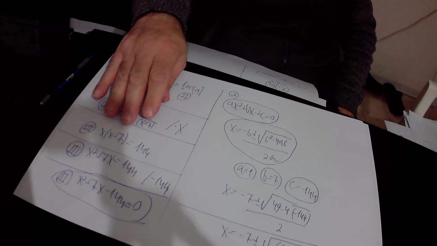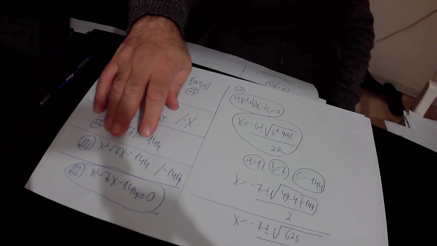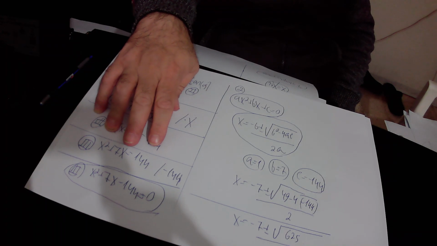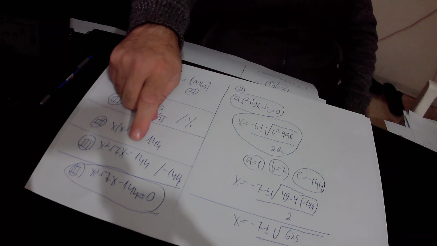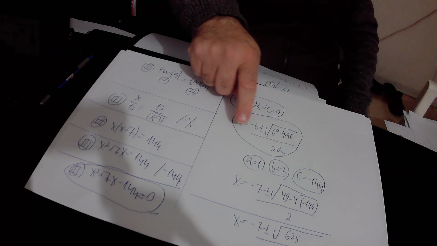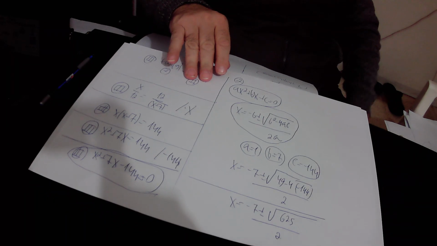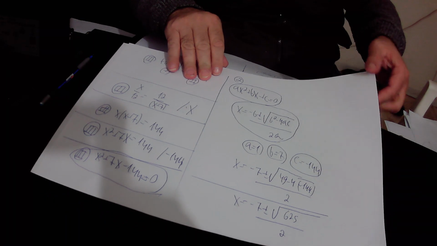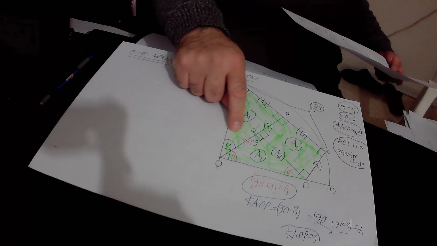In our specific quadratic equation, x squared plus 7x minus 144 equals 0, the coefficient a equals 1, b equals 7, and c equals minus 144. Now we can put the data inside this formula in order to find the value or values of x. I will remind you that in our specific case, the value of x is the length of line segment QO.